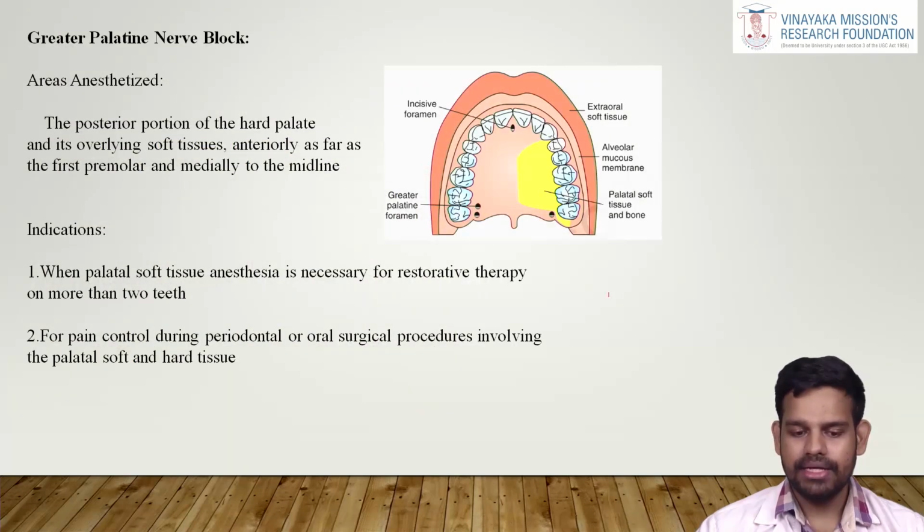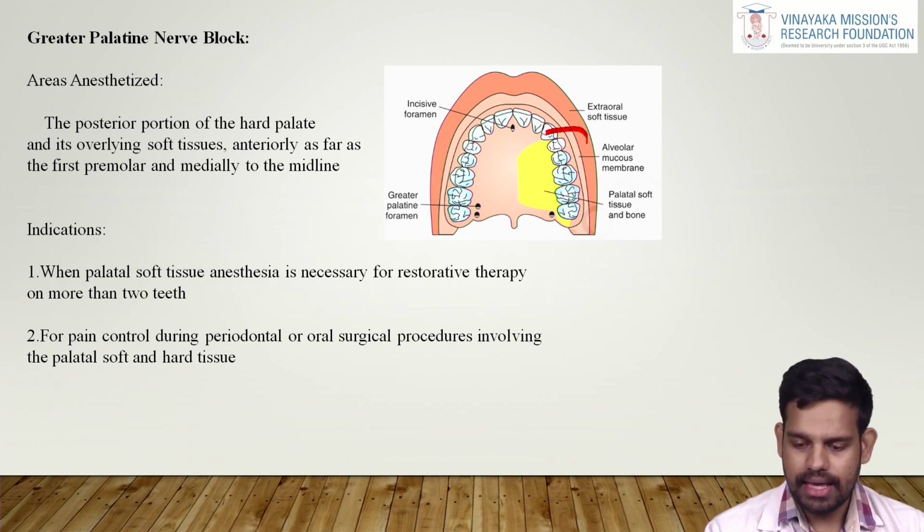Coming to the greater palatine nerve block, which is situated in the palatal mucosa, the areas anesthetized here are the posterior portion of the hard palate and its overlying soft tissue, anteriorly as far as the first premolar and medial to the midline. The indications are when palatal soft tissue anesthesia is necessary for restorative therapy of more than 1 or 2 teeth, and for pain control during periodontal or oral surgical procedures involving the palatal soft and hard tissues.